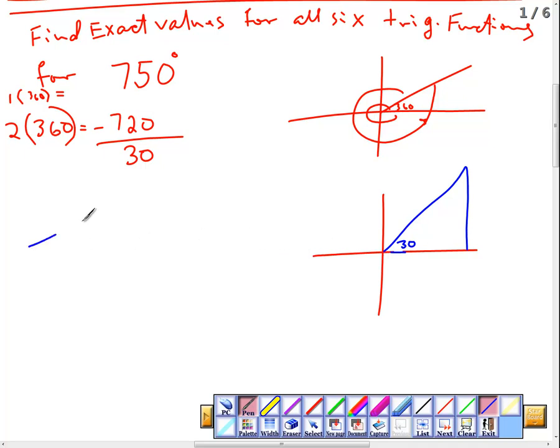So using our 30, 60, 90 right triangle, come up with the values, use the SOHCAHTOA, come up with your values, and write out your 6 trigonometric functions. All right, go ahead and do that.